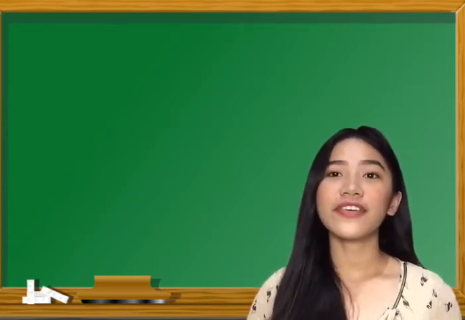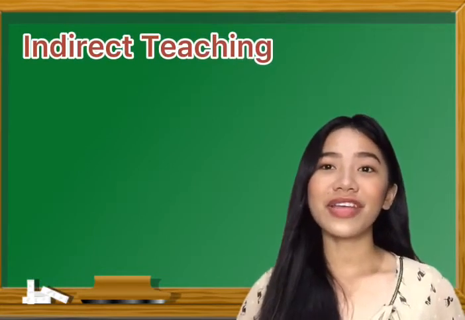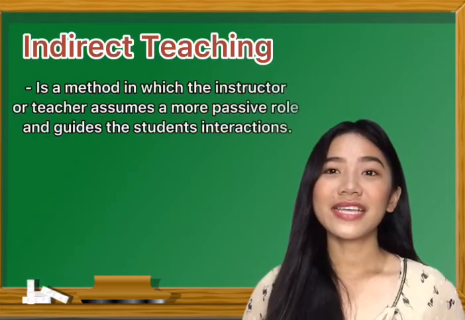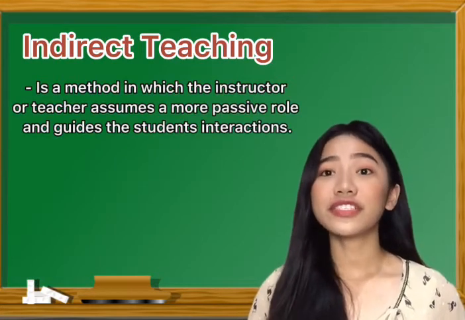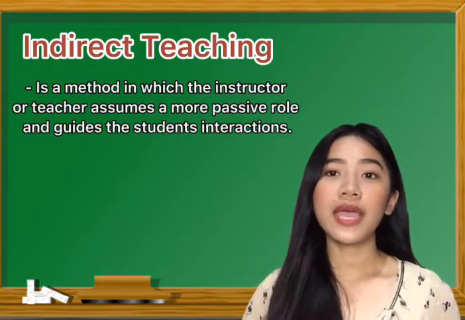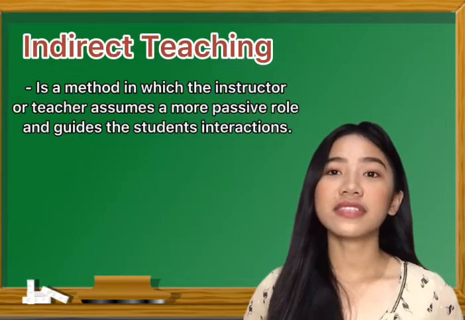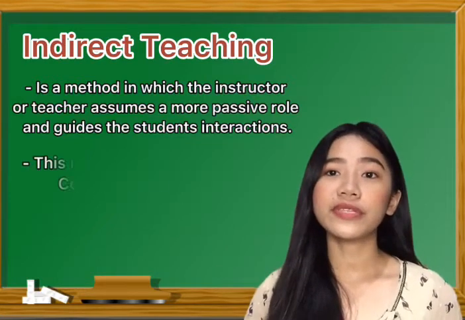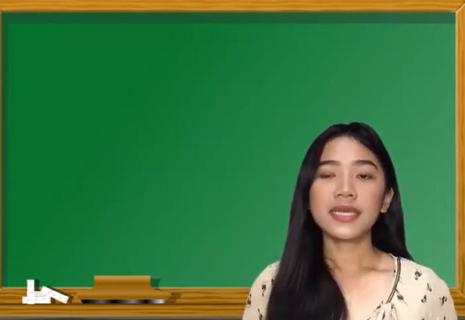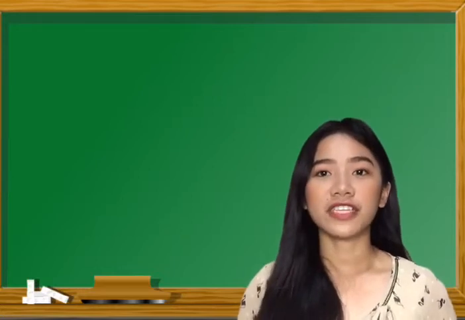The second method is indirect teaching. So what is indirect teaching? Indirect teaching is a method in which the instructor or teacher assumes a more passive role and guides students' interactions. Indirect teaching is also called student-centered teaching. In indirect teaching, we have advantages and disadvantages.